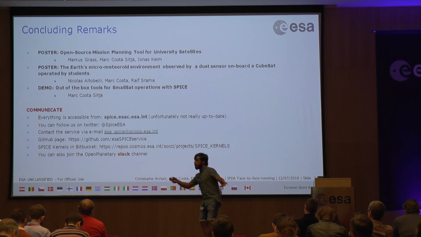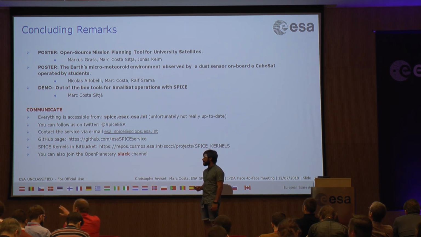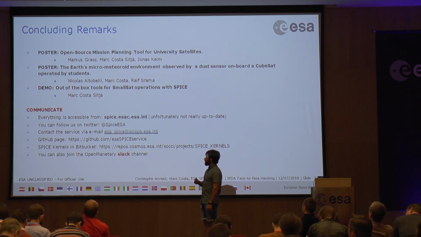I don't know if you were aware that it existed, so to speak. So sometimes I feel like a priest, just spreading the word in the SmallSat community. You definitely want to get users to try it and give you feedback, right?